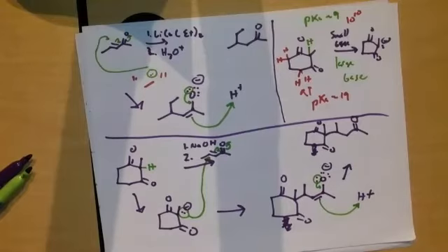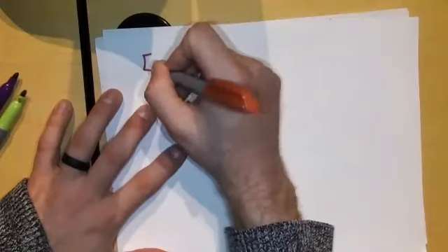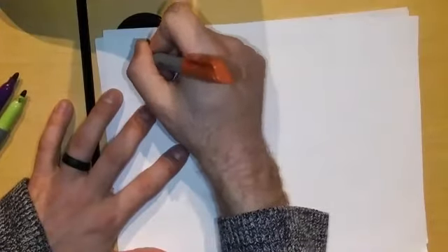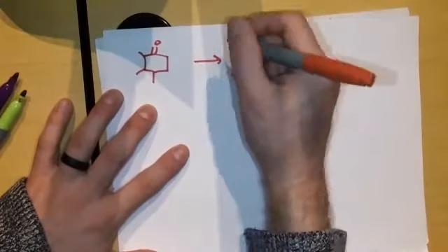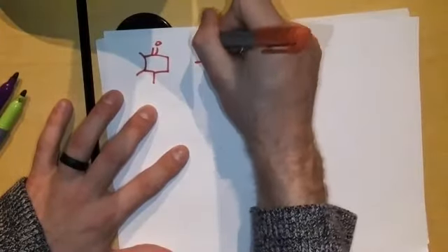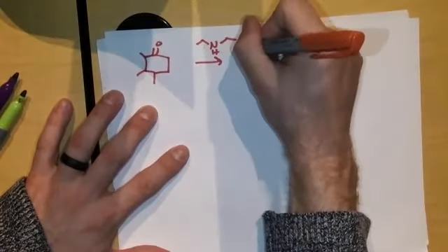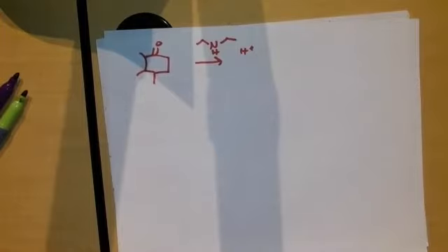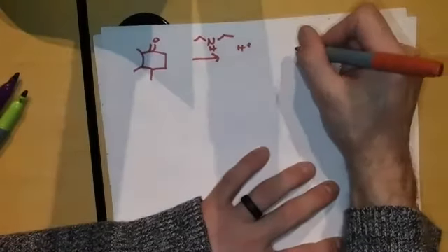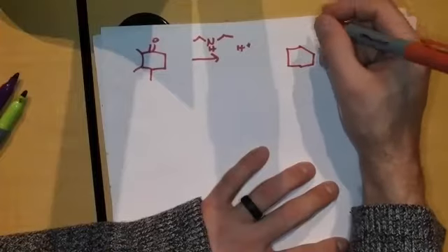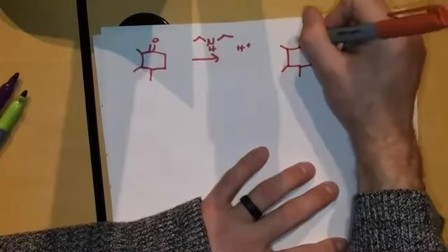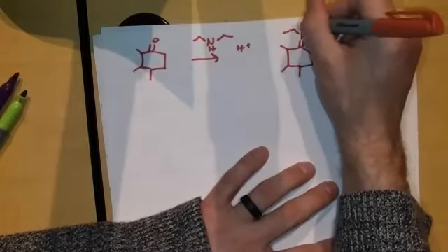Okay. Our next one is our Stork enamine synthesis. So in our first step, we are going to make imine that is positively charged.